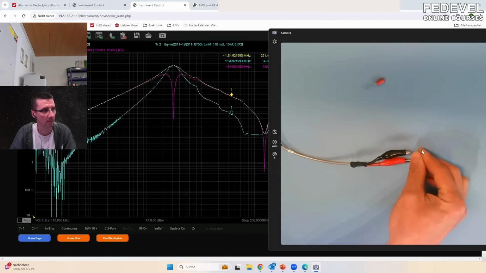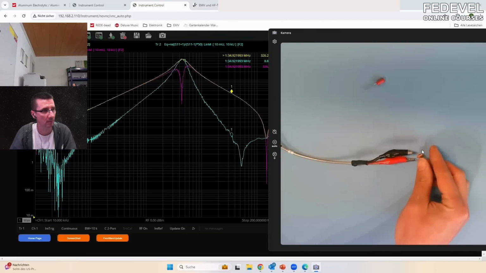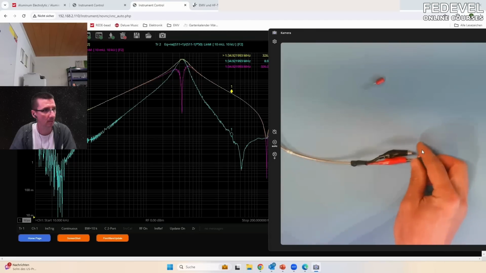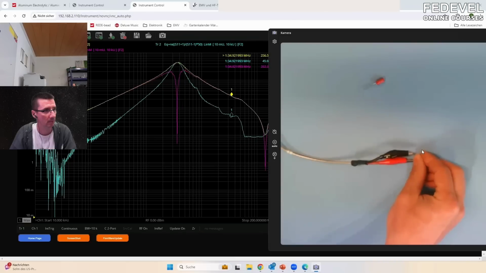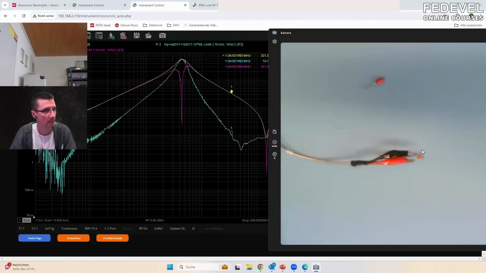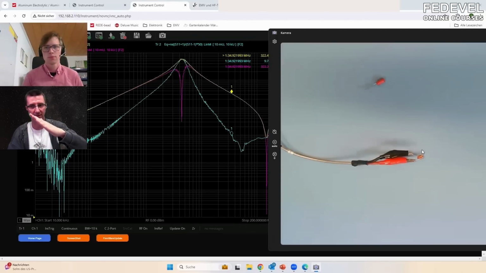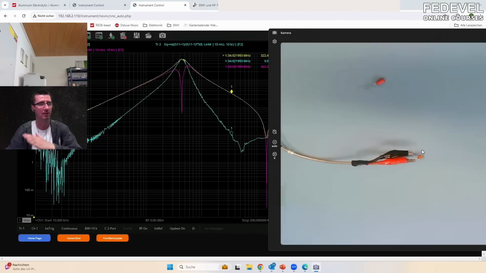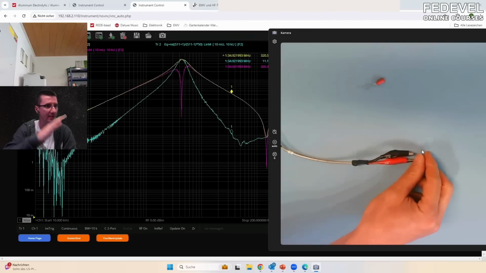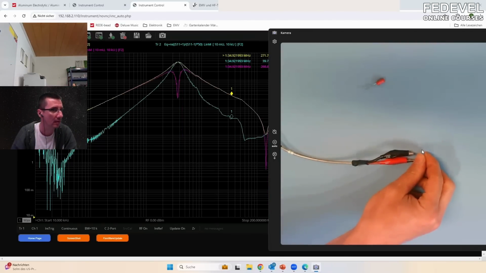You see it's getting a little bit lower. This is because the capacity is now a little bit higher between the windings. You can see the inductive part still has the same slope, but the capacity goes a little bit differently. Yeah, exactly.